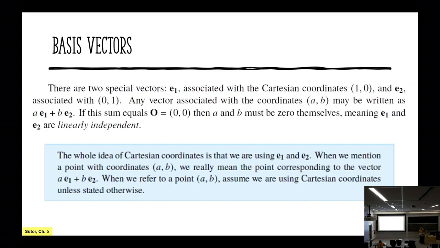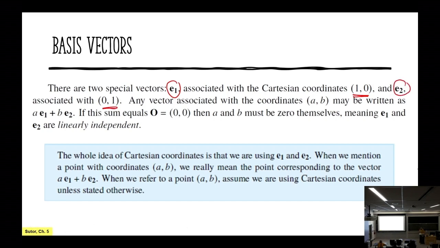All right, so there's two special vectors that we need to think about that are associated with the Cartesian coordinates: 1 comma 0 and 0 comma 1. The vector associated with 1 comma 0 we call E1, and the vector associated with 0 comma 1 we call E2.